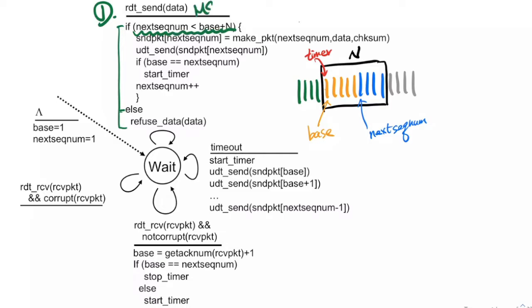When we get a message from the layer 7 protocol, take a look at this one. If next sequence number, which is the blue pointer, is less than base, which is the yellow pointer, plus N, meaning the size of this black window.